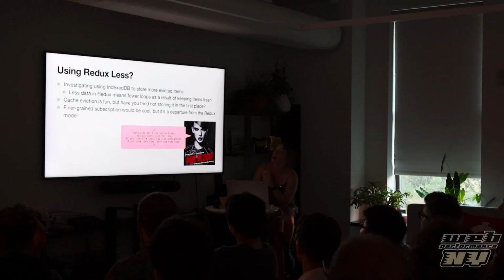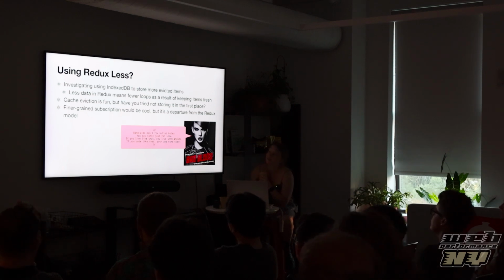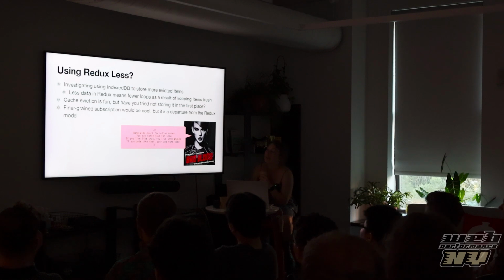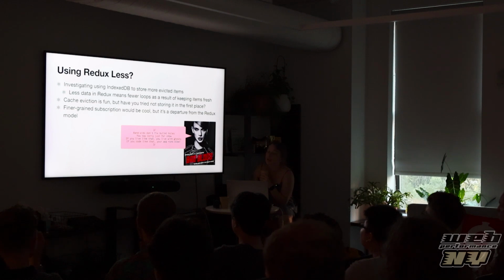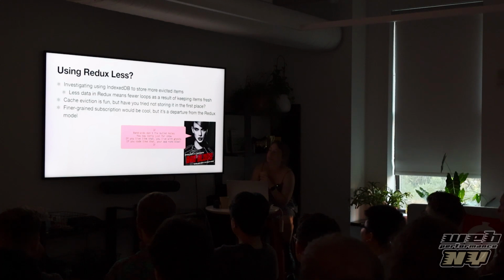If the data is not in Redux and we still try to update it, then no Redux loop happens. And you know, cache eviction is great, but what if it wasn't in Redux to begin with? What if you're not storing it? A lot of times we ended up storing data that we never used again. I don't think we really looked that far into it. Most of our cache eviction was just based on time.